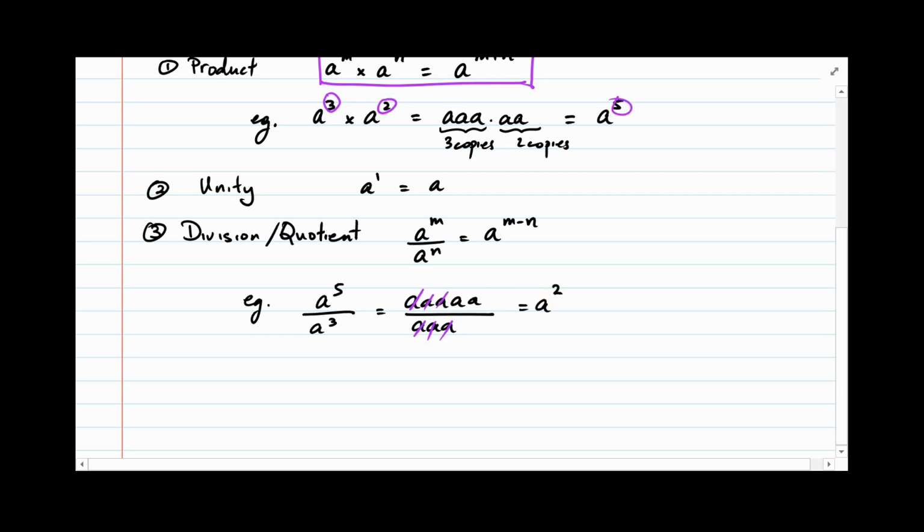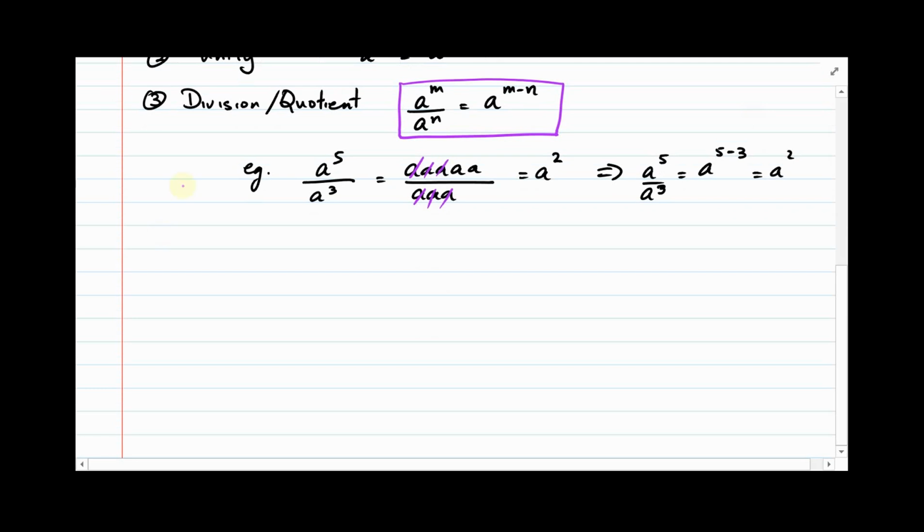So if I have a to the 5 over a cubed, I could write this as 5 minus 3, which is exactly what I got here, a squared. Oops, sorry, I wrote the wrong thing there. I'm doing my corrections. So we can see that the division rule is correct, at least with nice whole number powers.